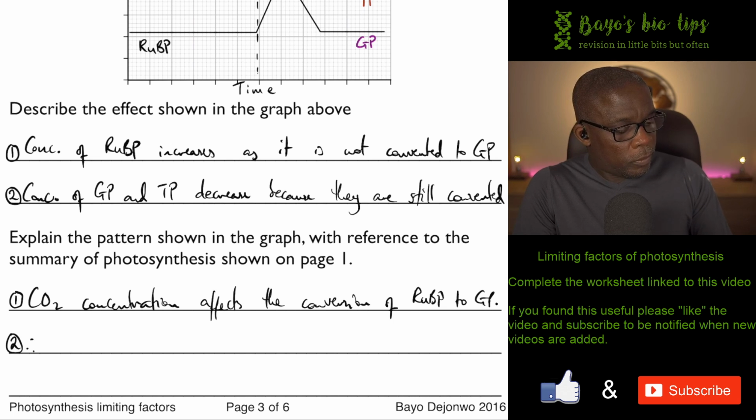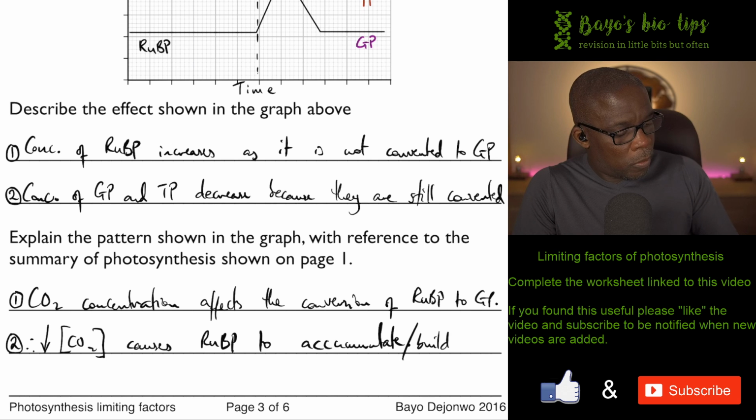Therefore, a drop in CO2 concentration causes RUBP to accumulate or build up, whereas the concentrations of GP and TP decrease.